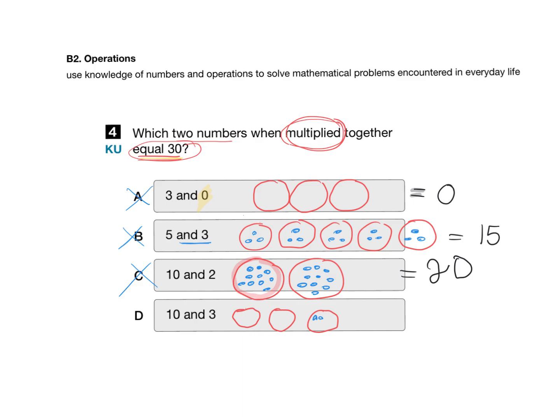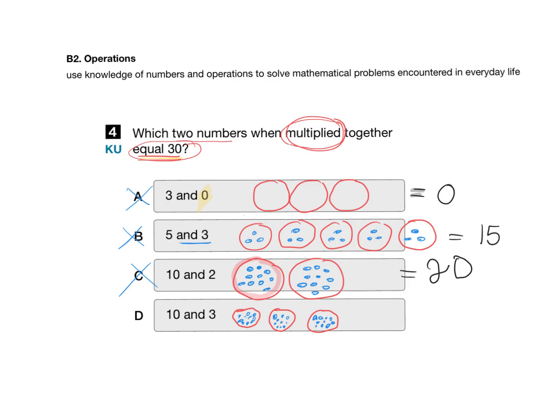Okay, so 1, 2, 3, 4, 5, 6, 7, 8, 9, 10. And then the next group, and then the last group, 10 each. So we have 10 in here, 10 in here, and 10 in here.